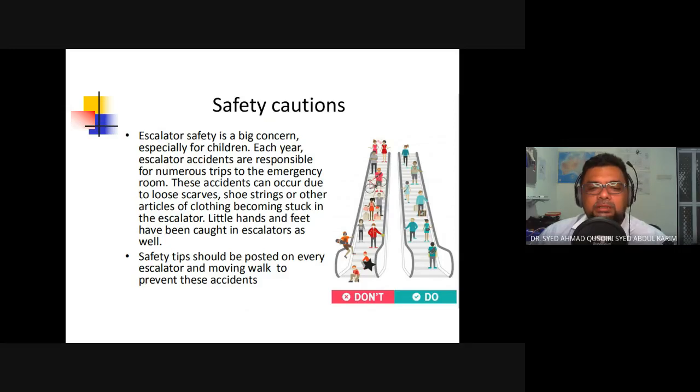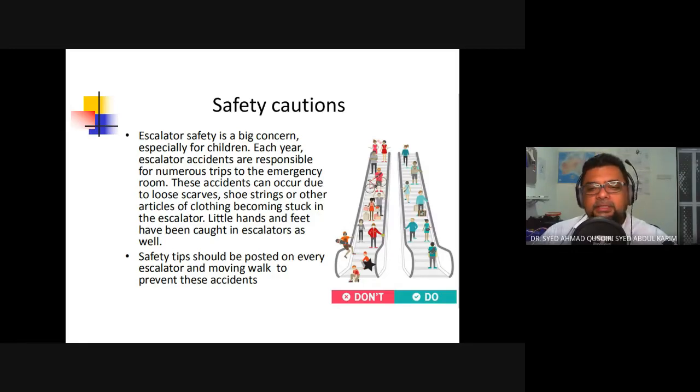Accidents can occur due to a loose scarf, shoestring, or other articles of clothing becoming stuck in the escalator. For children it can also be dangerous, so the use of escalators by children needs to be supervised by an adult.